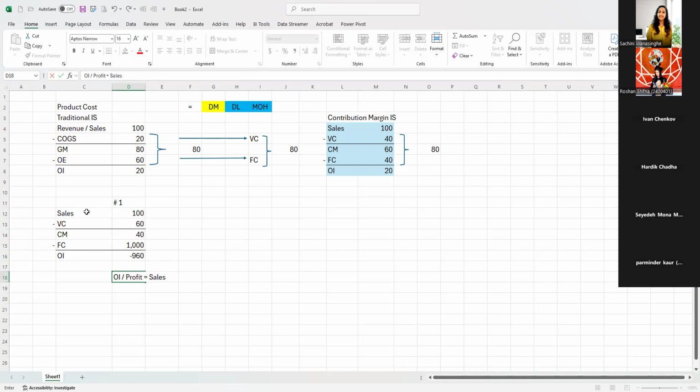If you don't sell, nothing is going to come. After you sell, what do you have to cover with the sales? Variable cost. And I also have to cover fixed cost. Once I cover those two, if the sales are more than variable and fixed costs, I'm going to have profit or operating income. In any other case, I'm going to have a loss. Can you see it?